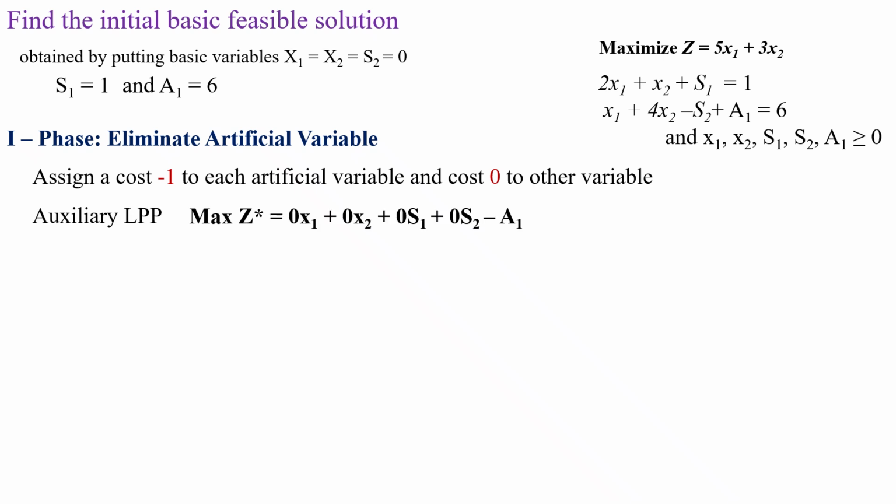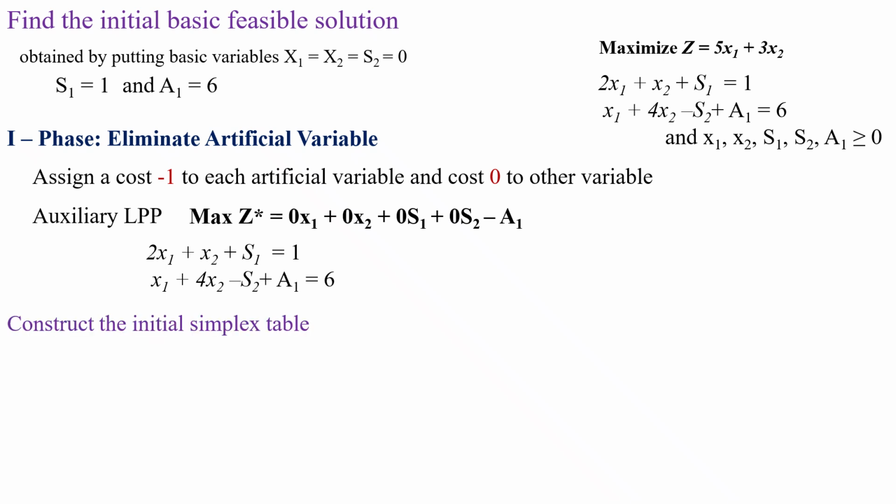Then the new objective will become maximize z equal to 0x1 plus 0x2 plus 0s1 plus 0s2 minus a1. The constraints will remain the same, they will not change. So the constraints are 2x1 plus x2 plus s1 equal to 1, x1 plus 4x2 minus s2 plus a1 equal to 6.